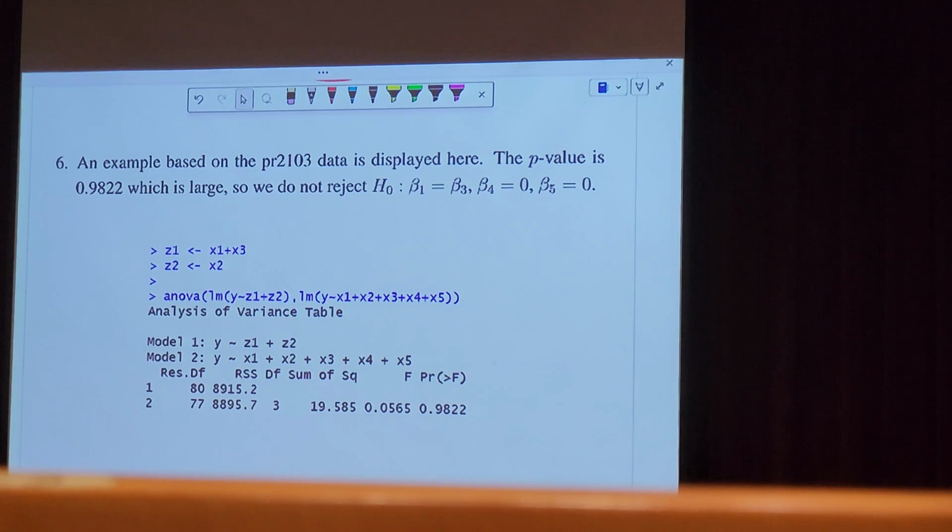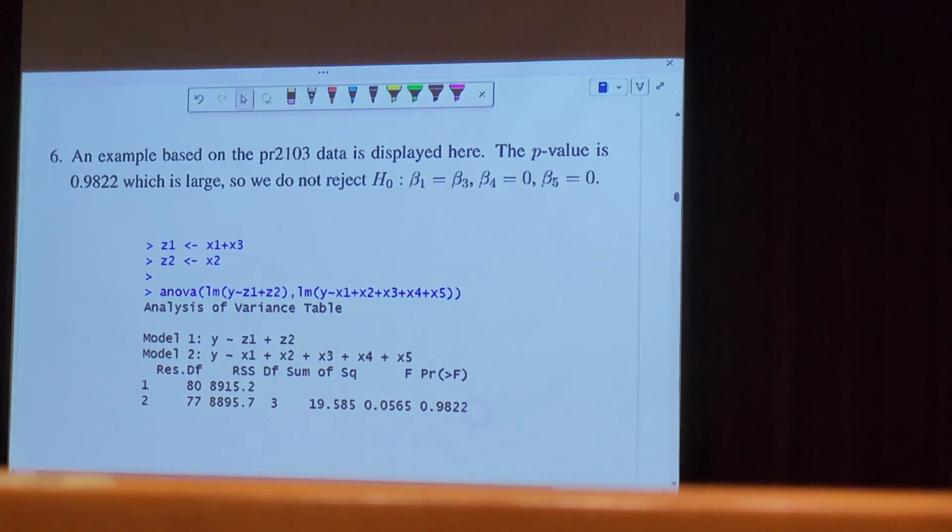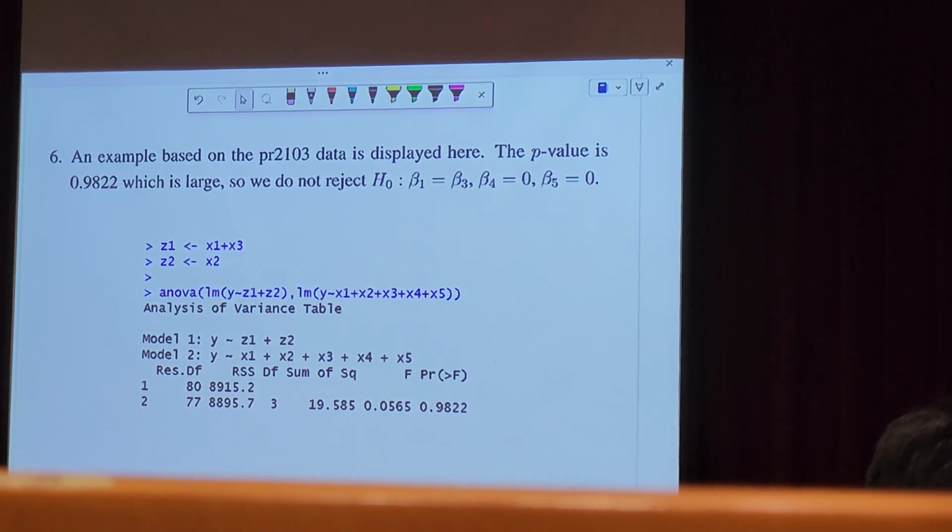So here I'm using this data for illustration. So in this case, I am actually using the 5 regressor variables for this data set. And by the way, PR2103 is the module code for that course, in case you wonder why it's called PR2103.